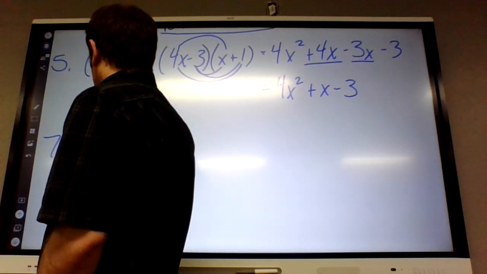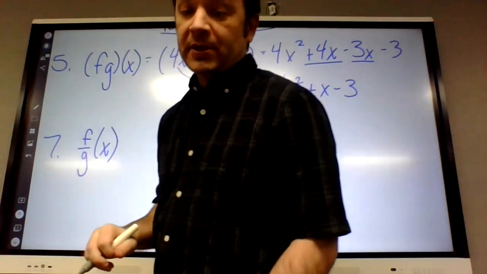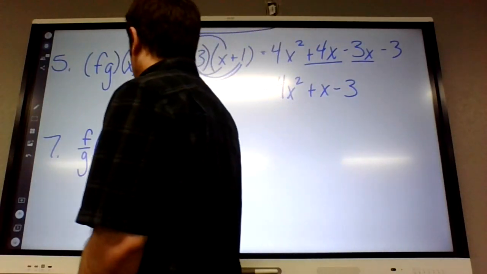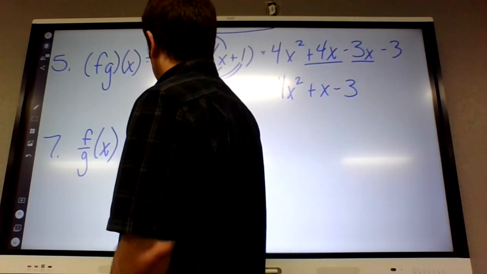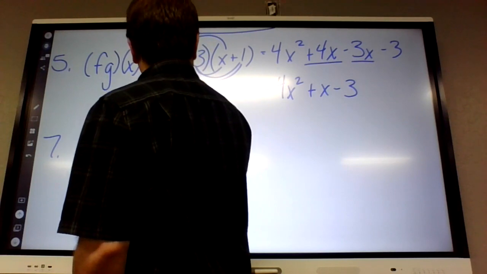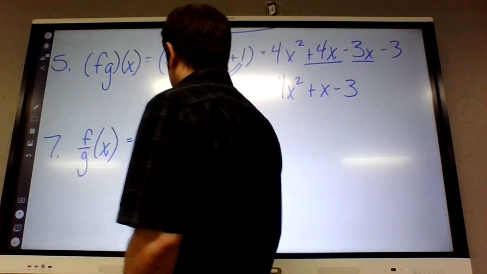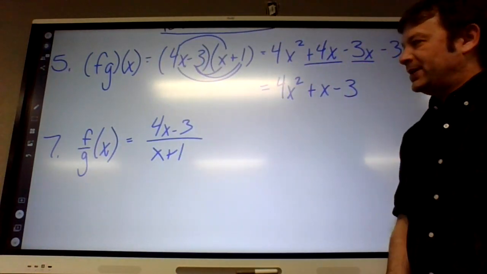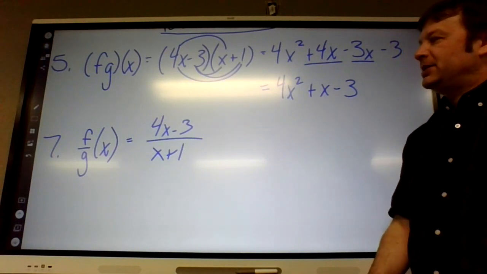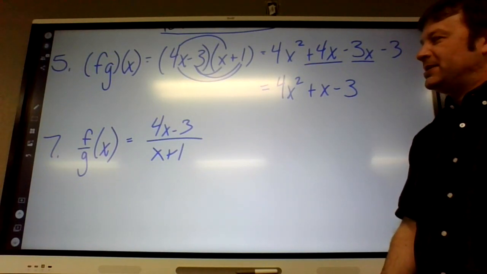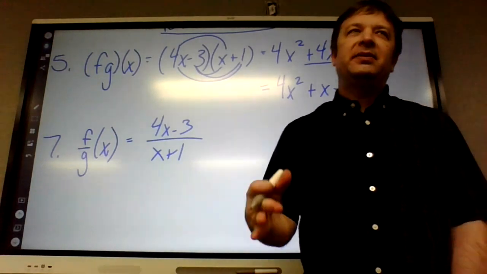What do you guys think we're supposed to do on number 7? Divide. Okay, it's almost the same thing as the last time, but we're dividing. Does that simplify? No, not really.